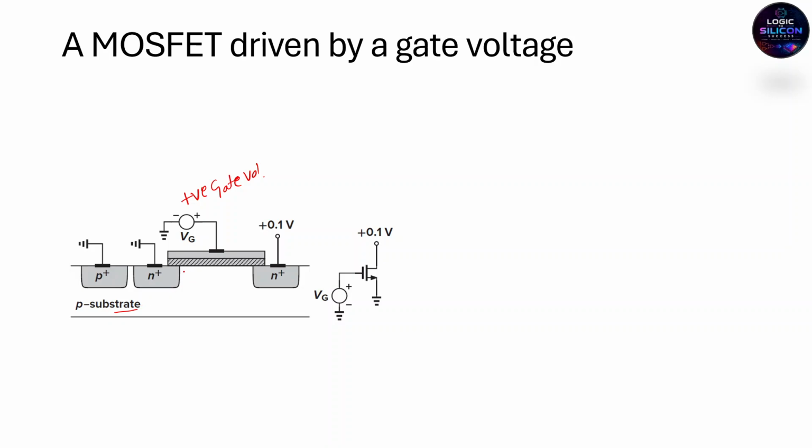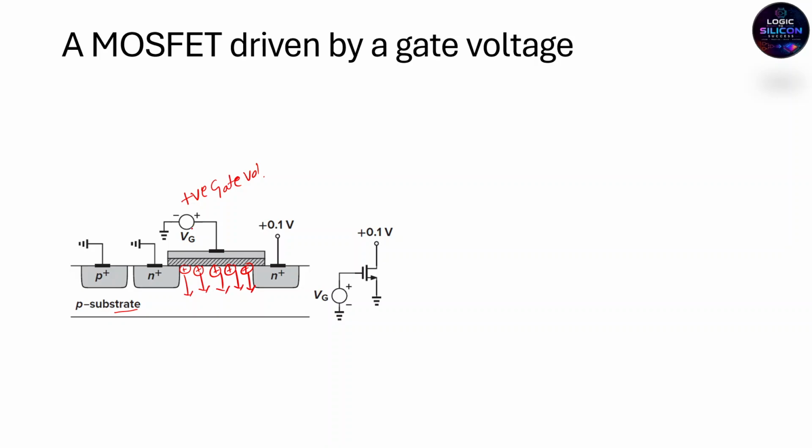If positive voltage is given here, it will simply repel the positive charges from here. They will penetrate towards the P substrate, they will come down actually. So that will happen.